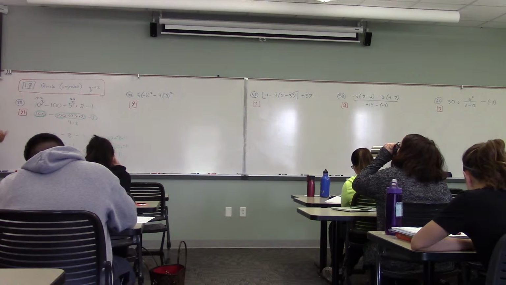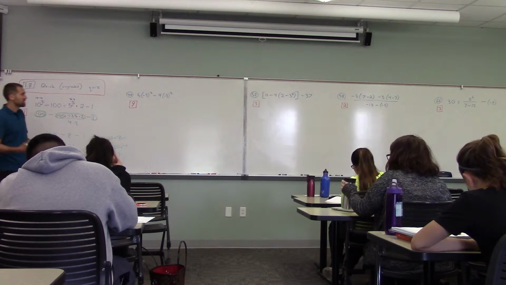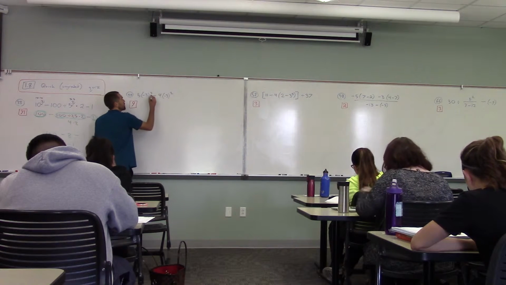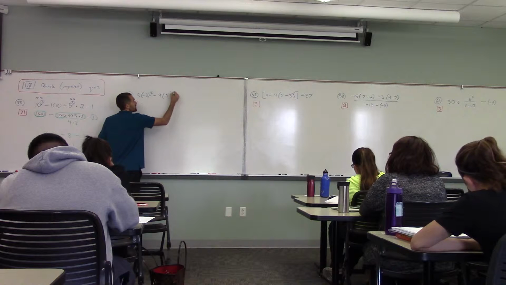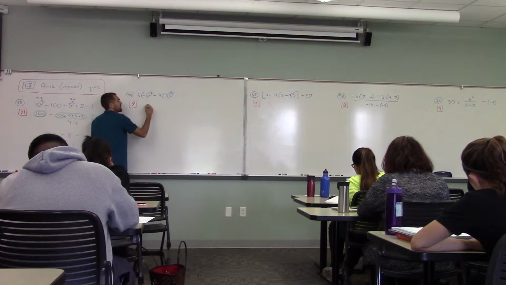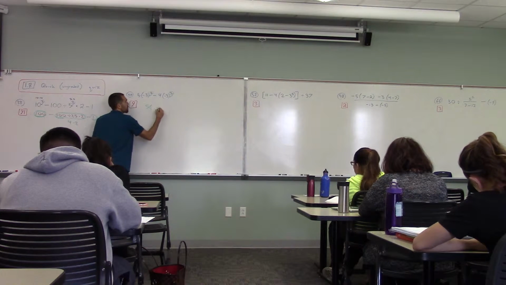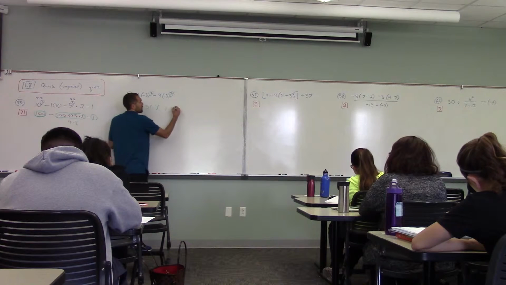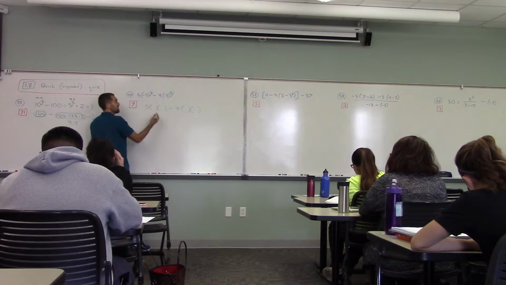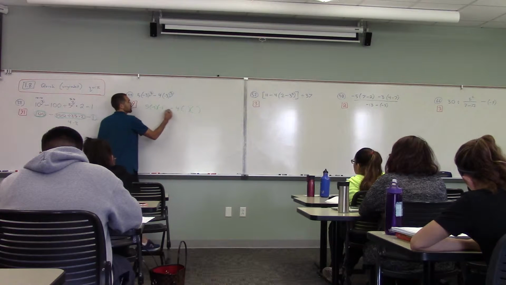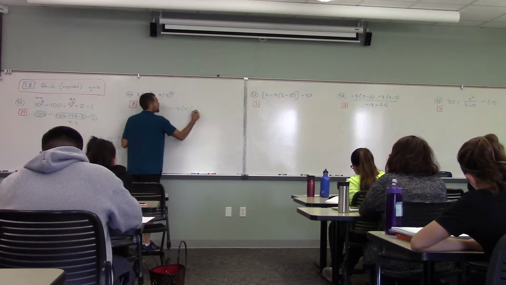Okay, so this one, there seemingly are parentheses, except if we do parentheses first, there's nothing inside the parentheses to do. So okay, check, we did parentheses. Next, exponents. So we see what the exponent applies to. It applies to the parentheses. Here, it applies to the parentheses. So this is 5 times parentheses squared minus 4 times parentheses squared. Doesn't even matter what's in there. Okay, so that's negative 3 squared, negative 3 squared.